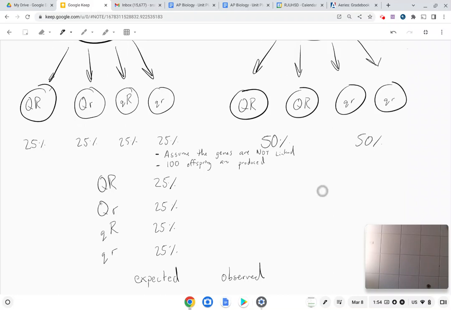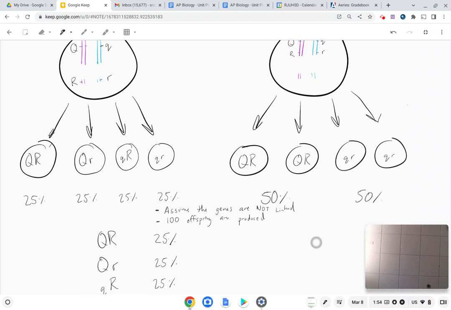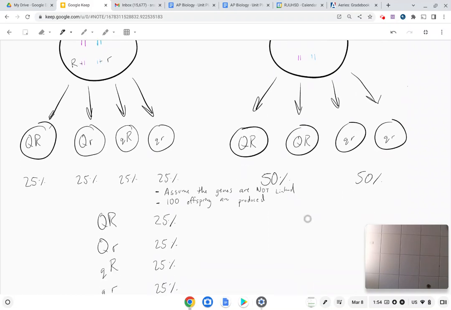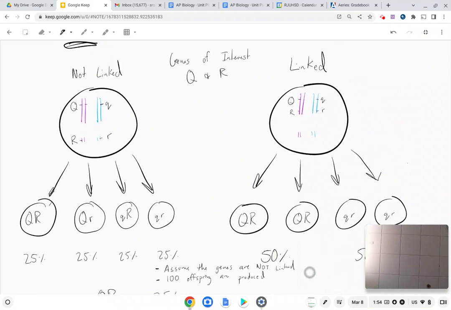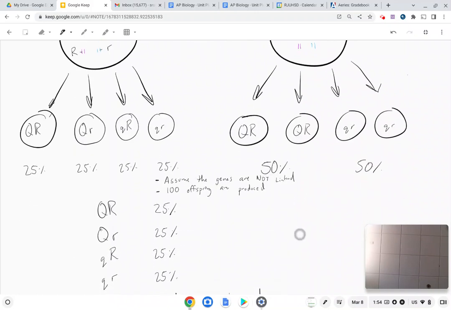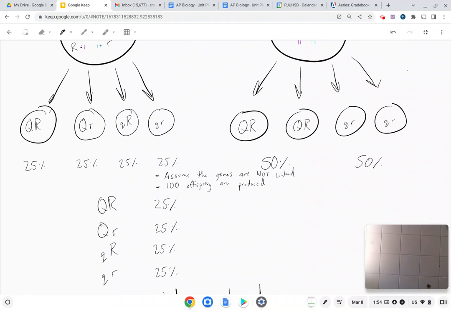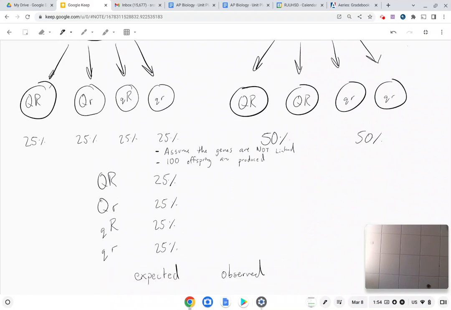So you look up here, right? I'll refer you back to our picture. In this particular case, if they are linked, we're going to expect 50-50 for this one, 50%, and 50% for this one, right? And then these in the middle, maybe we'll expect about 0%.